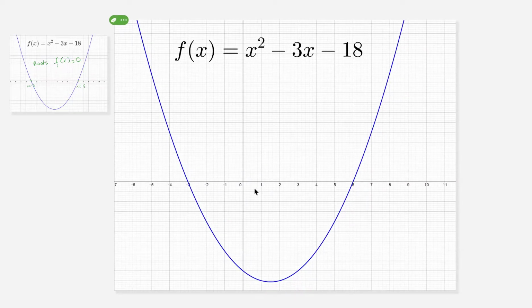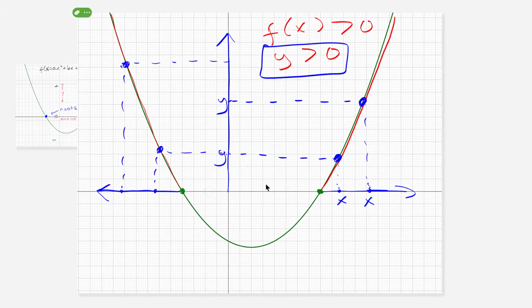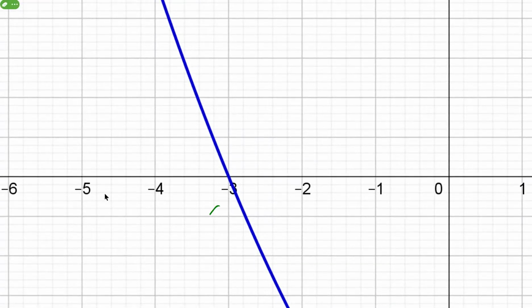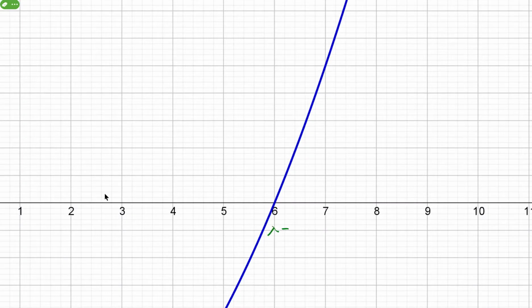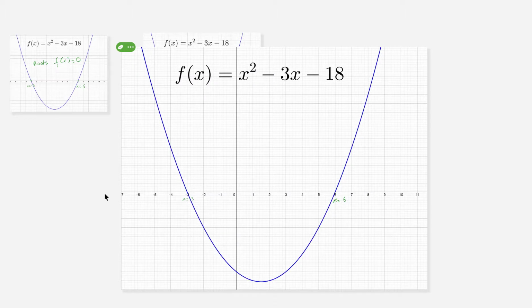So now we're going to analyze the values for where the function is greater than 0. If we go back, remember, if we care about where the quadratic function is greater than 0, we really care about the x values outside the roots. Going back to our example here, once again, I'm going to zoom in just so we can see it's the same one. One of the roots is x equals minus 3, and the other root is x equals 6. Having a closer look here, where is the function greater than 0?